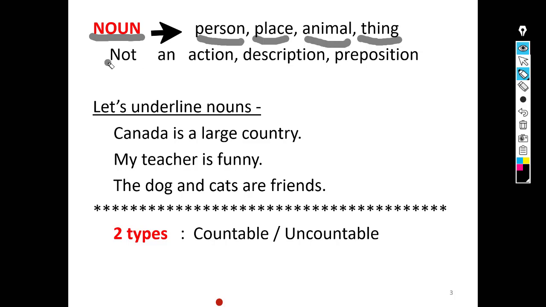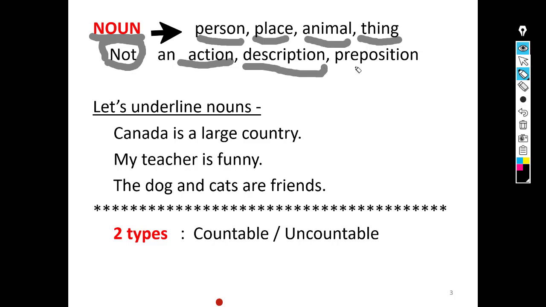And what is not a noun? For example, an action. Imagine we have got lots of verbs. Sleep, think, eat, walk. Yes, they are actions. So it cannot be a noun. And descriptions. When I say descriptions, you can understand I describe a noun with an adjective.